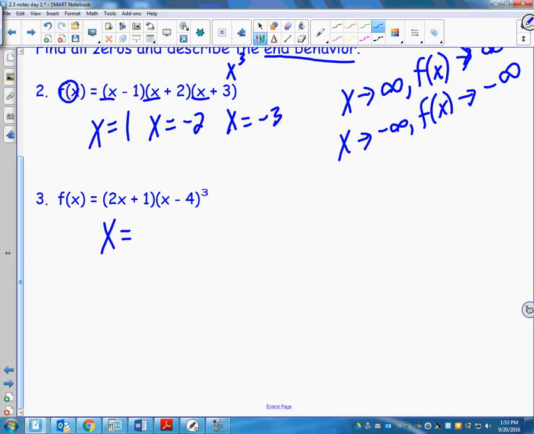So this one, -1. And even though there's a cube out here, you can take the cube root of 0, it's still 0. You still get x equals 4.